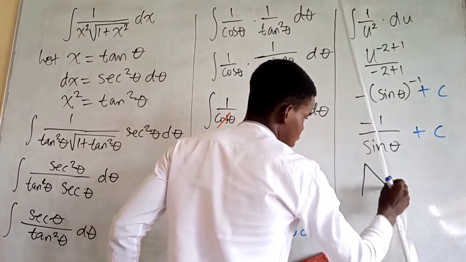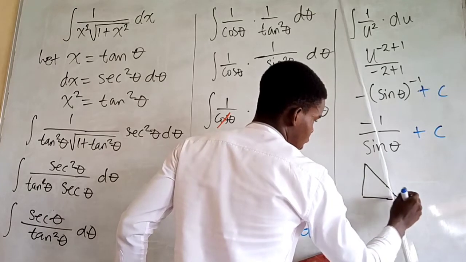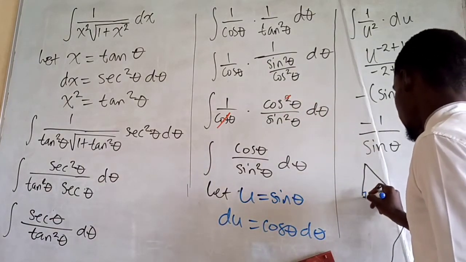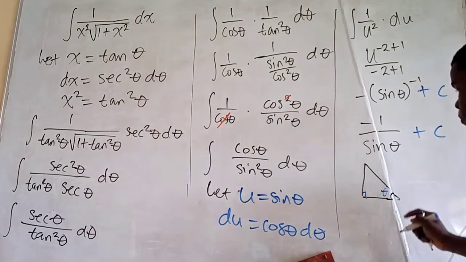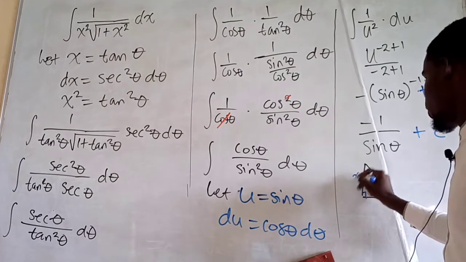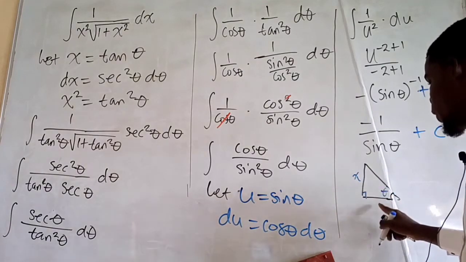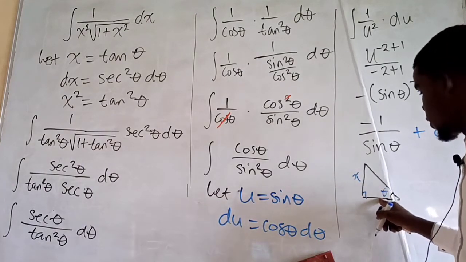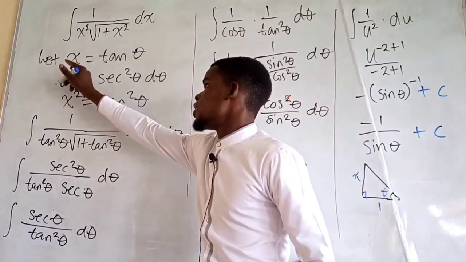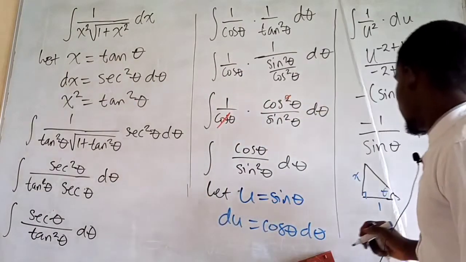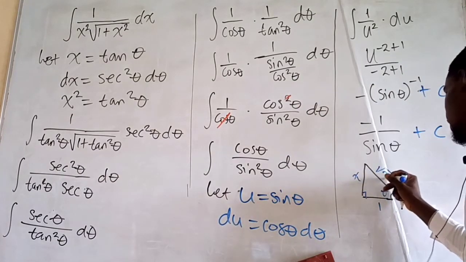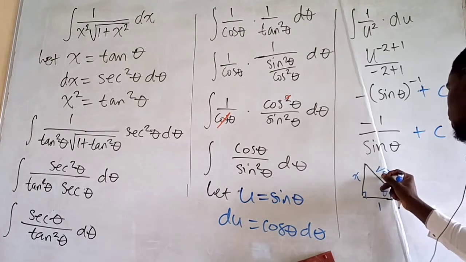This is our angle theta, and this is the right angle. Then tangent of theta is equal to x. We know that tangent of an angle is opposite over adjacent, where the adjacent here is 1, because the denominator of x is just 1. That means that the hypotenuse is going to become the square root of x squared plus 1.